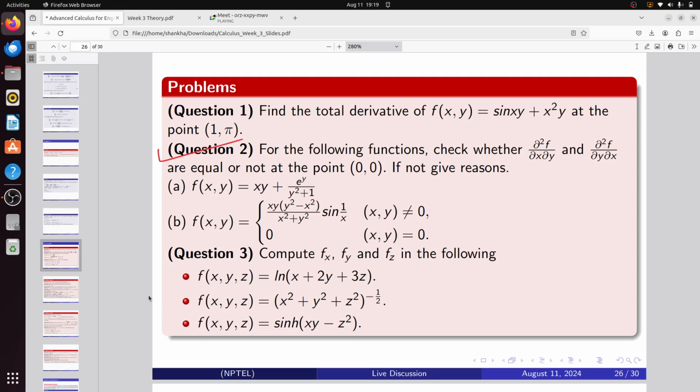Okay. So derivative of sinh x will be cosh x, because cosh x is (e^x + e^−x) divided by 2. Okay.